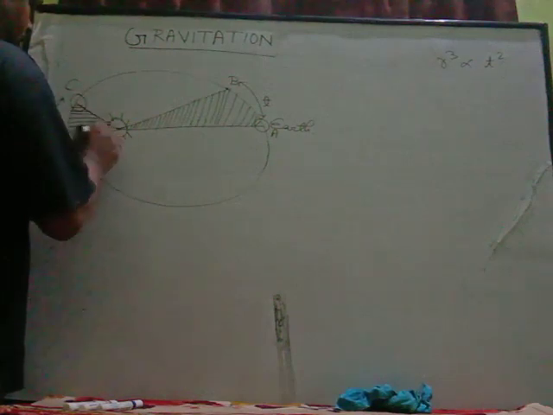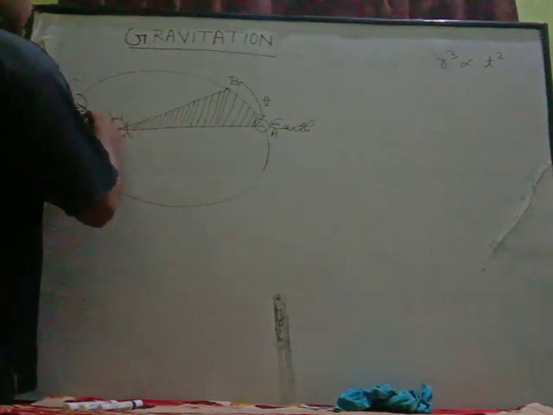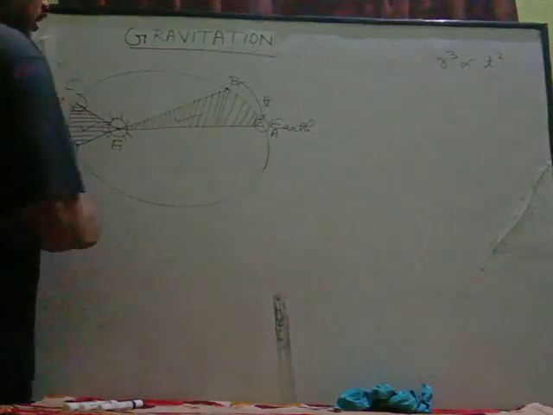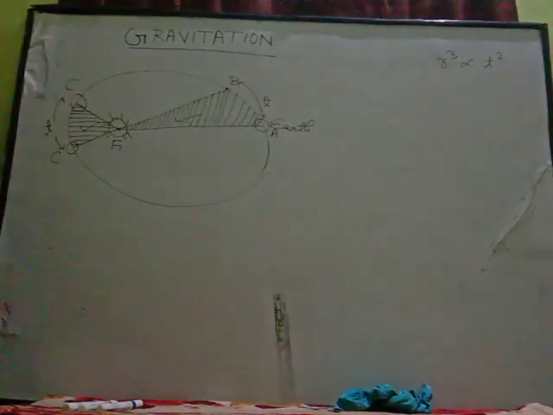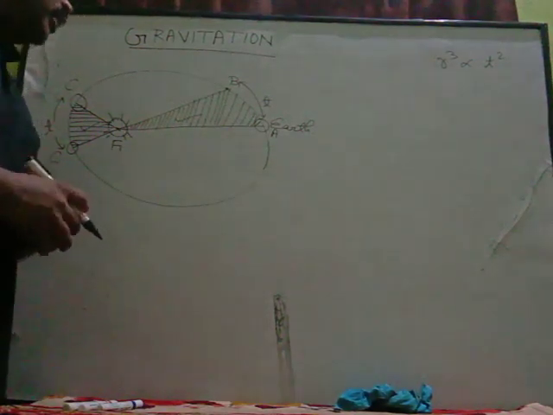This area will be equal to this area. This is called Kepler's second law of planetary motion related to area swept.